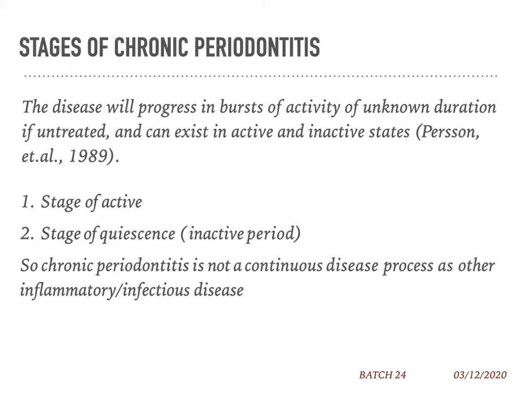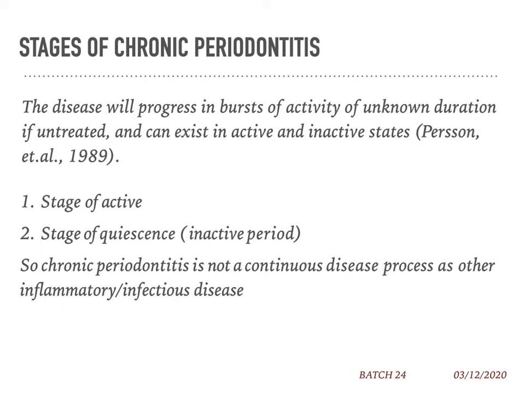Coming on to stages of chronic periodontitis, the disease will progress in bursts of activity of unknown duration if untreated and can exist in active and inactive states. So there are two stages of chronic periodontitis: one is the stage of activity and the other is the stage of inactivity.